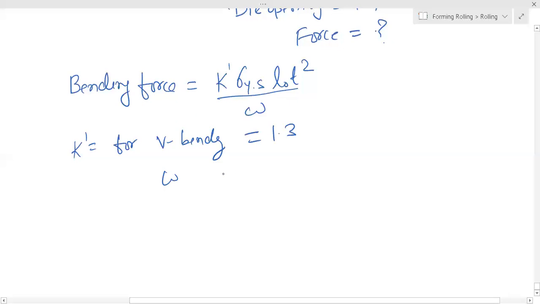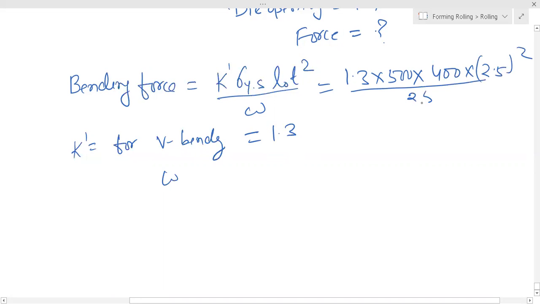W, everything is there. So 1.3 into 500 into 400 into 2.5 whole square divided by 25. Answer is 65 kilonewtons.